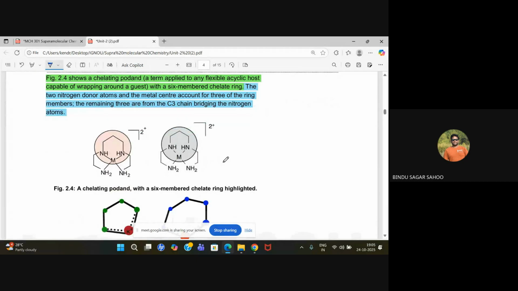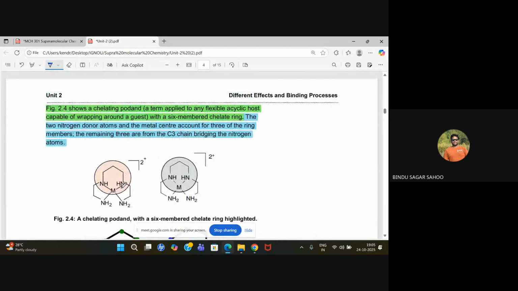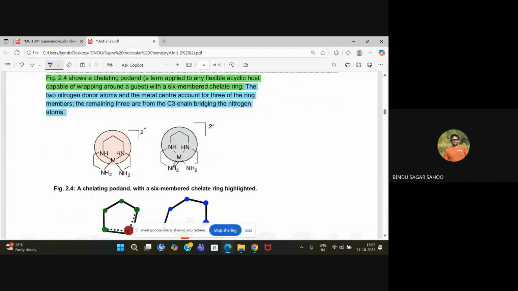So this complex is forming along with 5-member rings and also 6-member rings. These types of complexes have more stability because they contain both 5-member and 6-member rings. That doesn't mean that if you make a 7-member, 8-member or 9-member ring, the stability will be more. The stability gradually decreases with the increase in flexibility inside the structure.